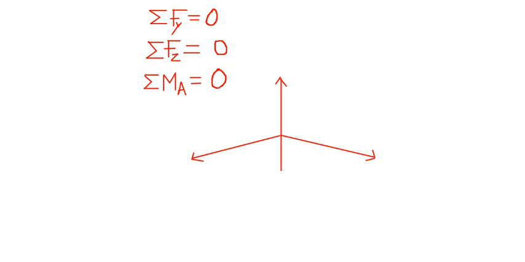We'll call this the x-axis and this the z-axis and this the y-axis. Let me draw my rigid body in space. This is my rigid body. Let's say we have forces acting on this body.